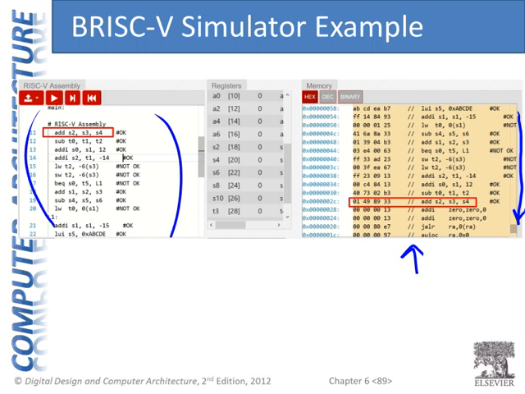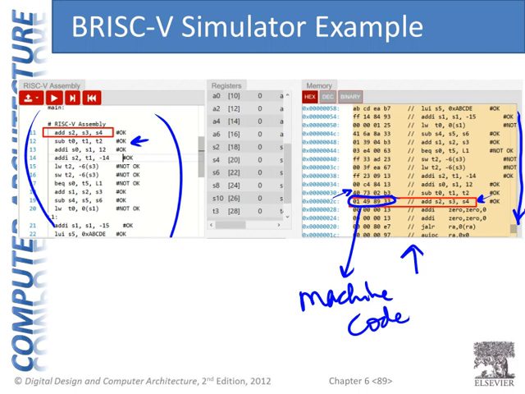So we see our add S2, S3, S4, and this shows the machine code right here, hex 01498933. So here's our machine code. This happens to be one of the ones I showed you earlier, so you can see that that is correct. The subtract, it does correctly too. Here's our machine code for the next instruction, the subtract.